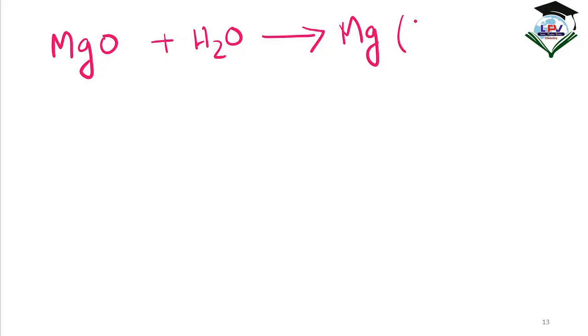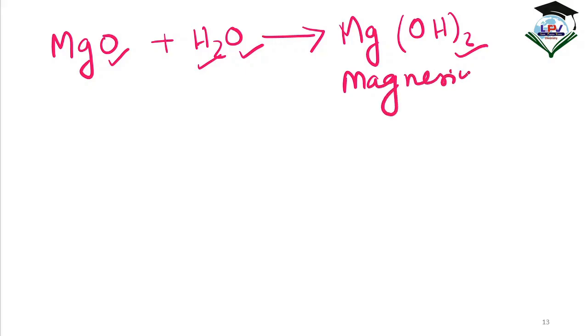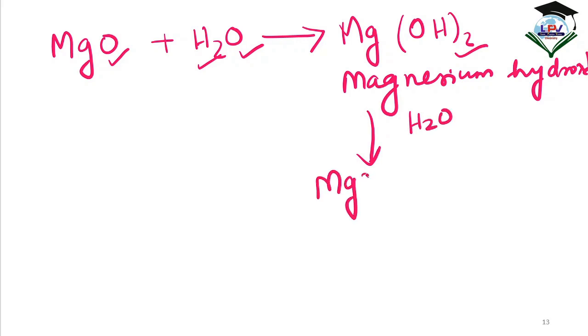Let us now take magnesium oxide and add water to it. Now this becomes magnesium hydroxide, Mg(OH)2. When this magnesium hydroxide is dissolved in water, it forms Mg2+ because it completely dissociates, releasing OH minus ions.